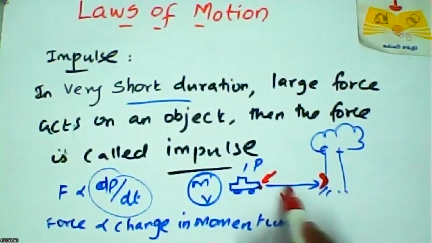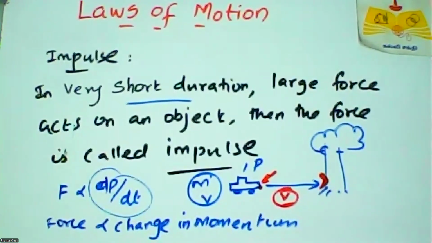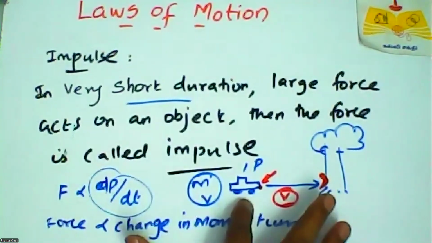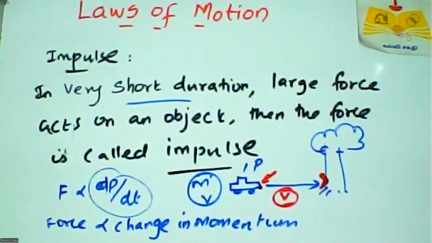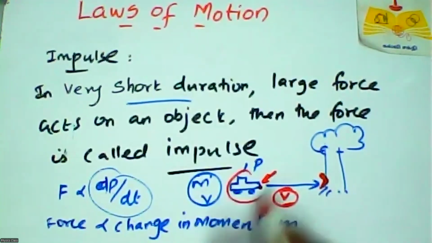Then the object's velocity will change. Once the car hits the tree, that velocity should change, surely. So you can say that the momentum of the car also changes.